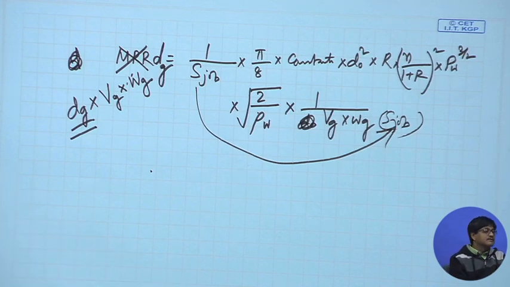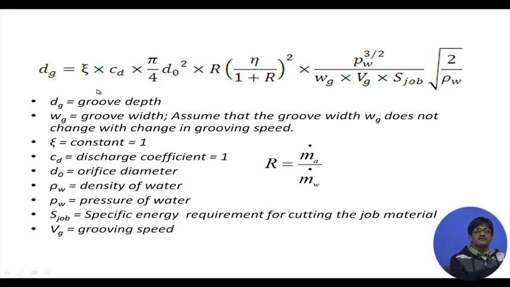Let us come back to the screen, that is what is written here: cross sectional area, r into eta by 1 plus r whole square, and our well known characters, the 3 characters, wg, vg, S job, and other things as mentioned before. So, it is something very similar to what we have been discussing up till now.